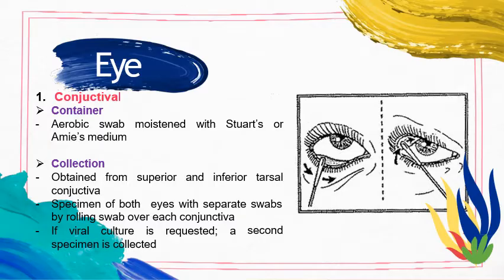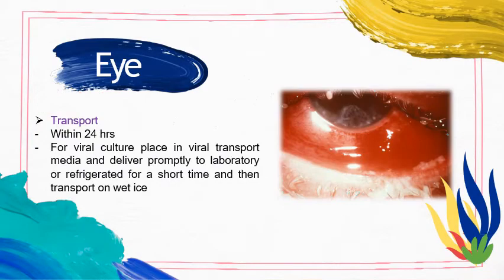So you can get on your superior and inferior tarsal conjunctiva. Now, the transport is within 24 hours, and for the viral culture placed in a viral transport media, and it should be delivered promptly to laboratory or refrigerated for a short time and then transported on wet ice.